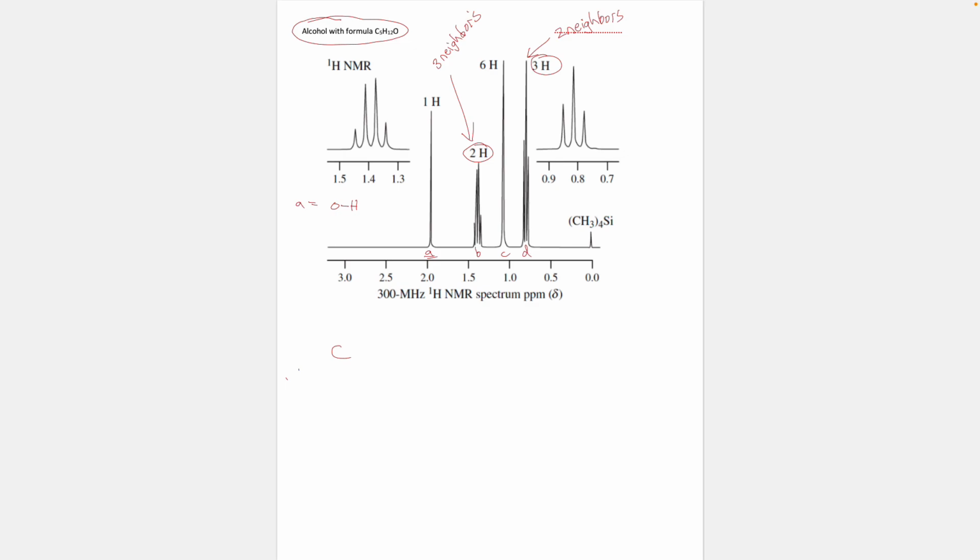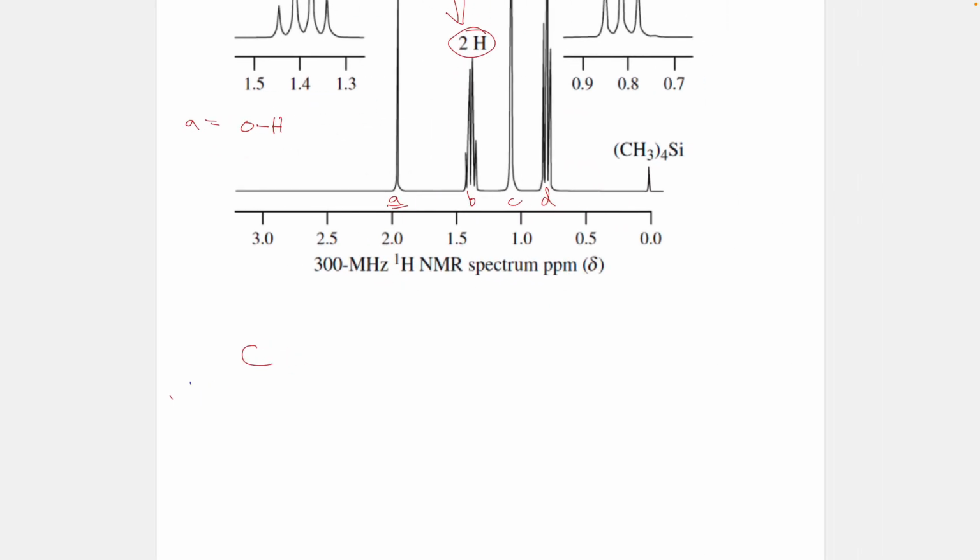So 6 protons might indicate 2 identical methyl groups. So I'm going to say, as at least a working hypothesis, that signal C is 2 identical methyl groups, a CH3. And what I'm drawing here is a bond to the CH3, and the squiggle is just saying, I know it's attached to something, but I don't know what. And then there's got to be another one exactly like it so that its signals are the same. So signal C is probably 2 methyl groups that are exactly the same, maybe because they've got some symmetry that makes them the same.